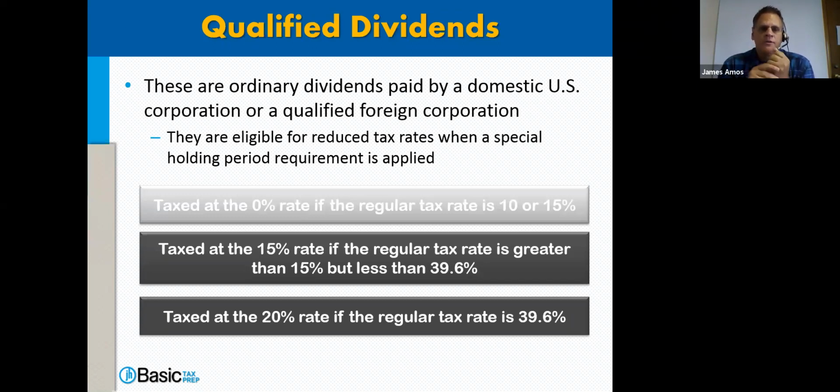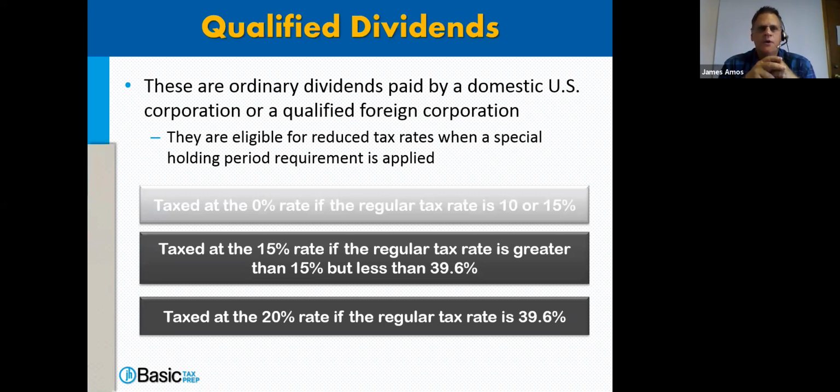Now, they are eligible for reduced tax rates. Qualified dividends are eligible for reduced tax rates when a certain special holding period requirement is met. Holding period requirement means you bought this and held it for a specific period of time. This is where it gets confusing.